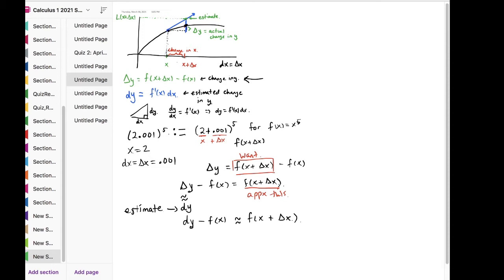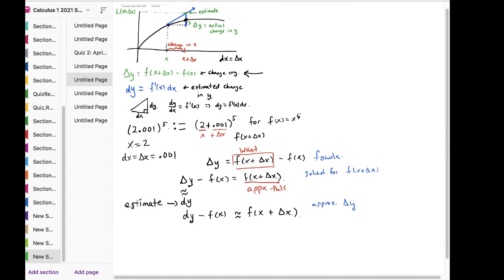So this was the formula. Here we solved for f of x plus delta x. And then here we approximate delta y. Oh, oops, I subtracted. I meant to add. Yes, thank you.